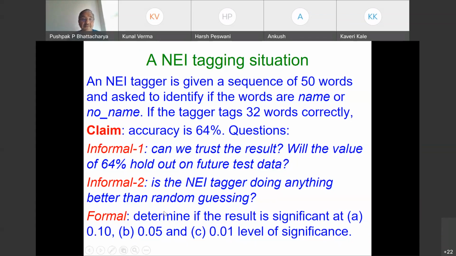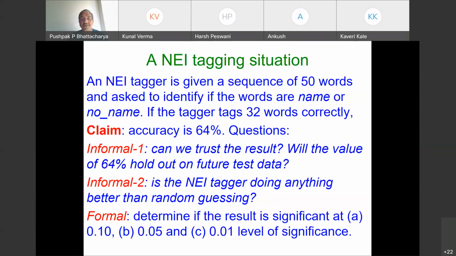And we can formulate this question much more formally in terms of the understanding of hypothesis testing. Determine if the result is significant at 10%, 5%, and 1% level of significance. This is more technical, and this pertains to what is called the test of significance.